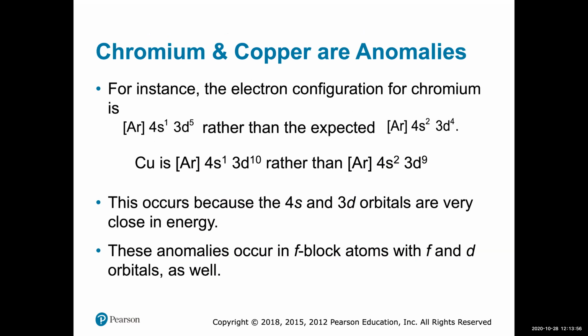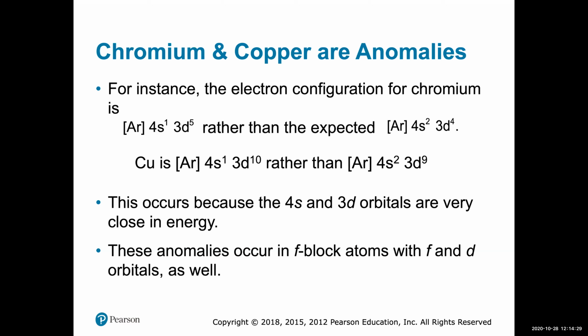So a couple examples that are a little different, and you should know these. Let's look at chromium and copper. For chromium, it fills as argon, then 4s1, 3d5, rather than what you would probably think if you just filled them normally, 4s2 and 3d4. That's because you get more stability, thus lower energy, by having half-filled shells for the S and the D shells.